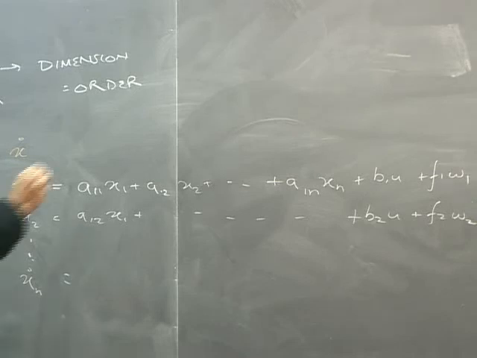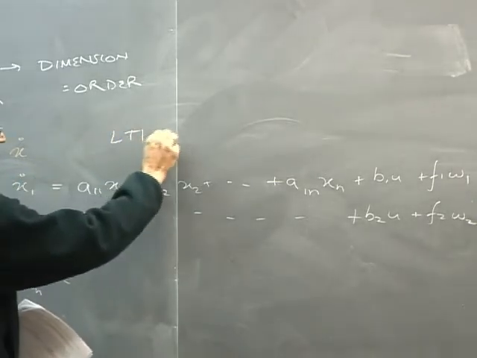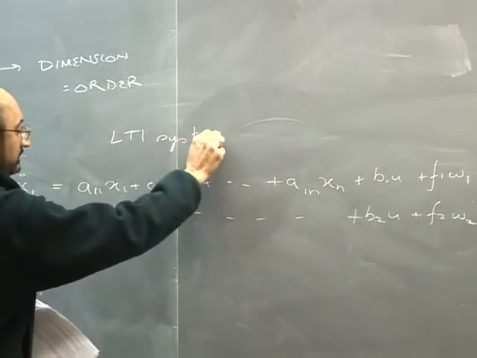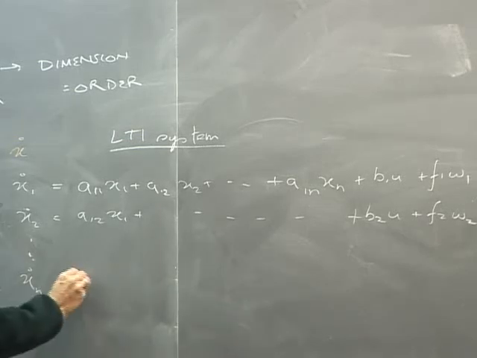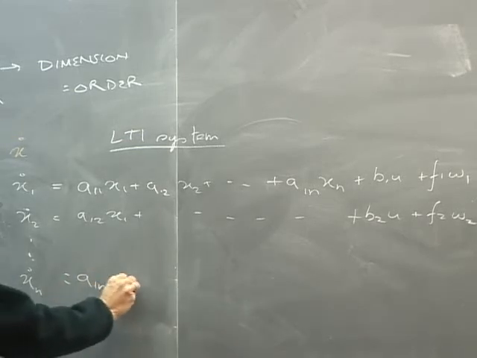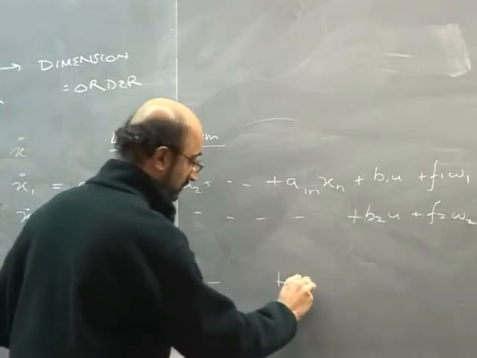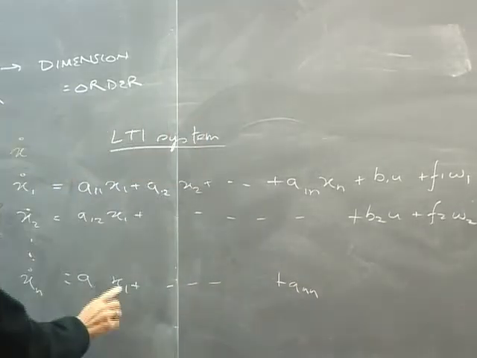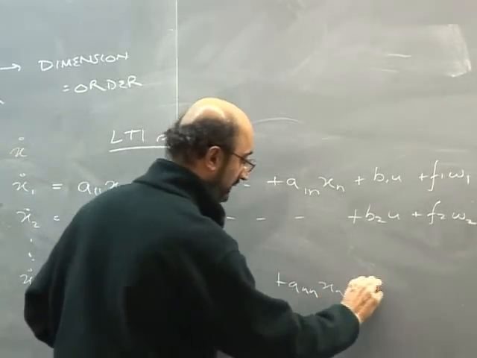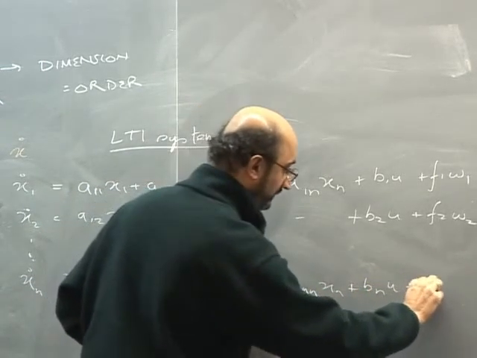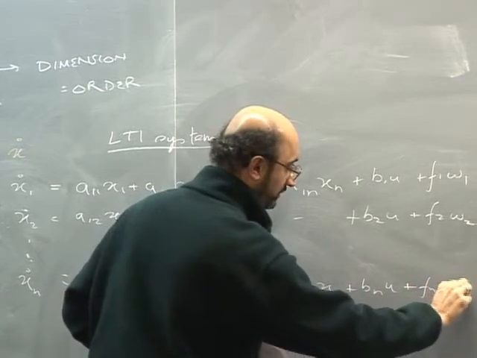So this is true for an LTI system, which I forgot to mention. I'm assuming the system is LTI. If the system is linear and time invariant, then we can write this. So it's An1, not n1: Ann xn plus bn u plus fn wn.